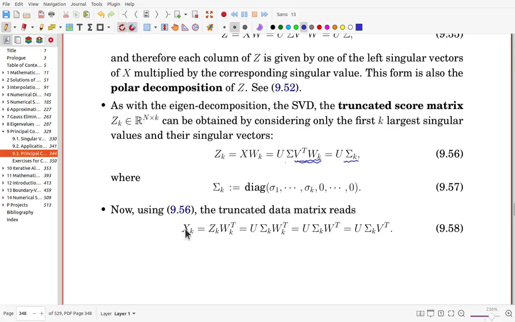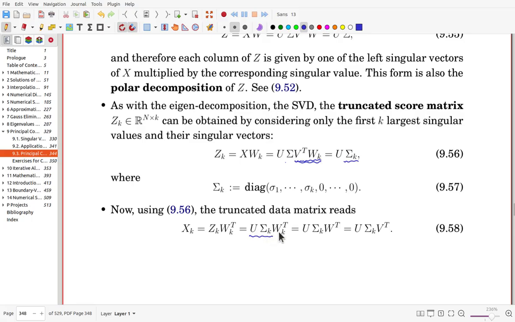Now X_K is Z_K times W_K transpose. So Z_K is U sigma K and W_K transpose. Now it already has K components.